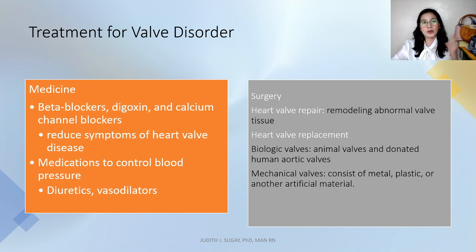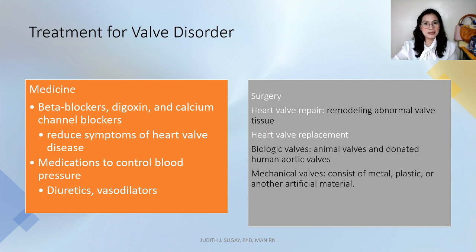Remember a while ago, we kept mentioning that there is compensation, extra effort of the ventricles as they pump blood because of the narrowing or the regurgitation. So this will decrease the force that the heart keeps on working with.